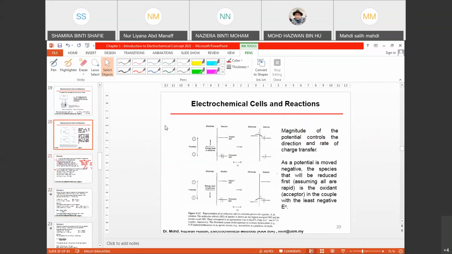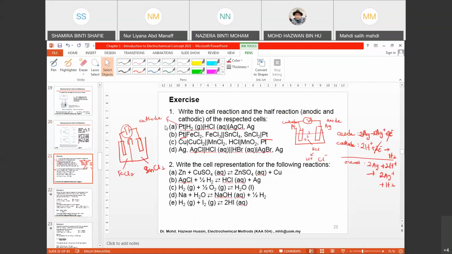That one is just an example I drew, but of course, in order to know which one will be anode and which one will be cathode for B, you have to consider something. From the ECS? Yes. Nazira, sorry.